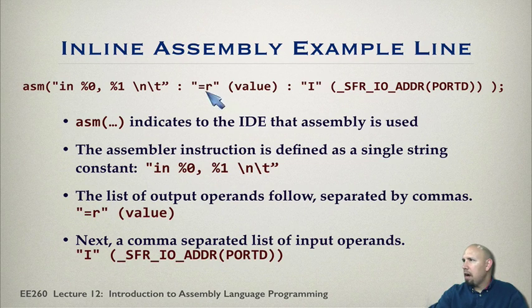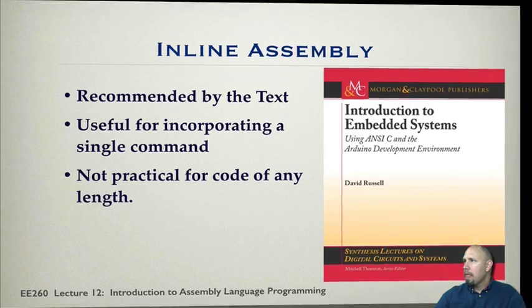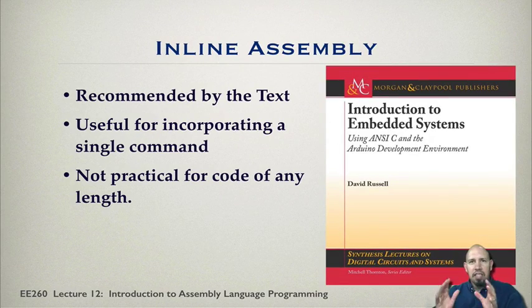Then you have the list of operands that follow, and in general they may be separated by commas. In our case, we only have one, so it's not separated by commas. And then you have the output, and again, you may have multiple outputs, separated by commas. In this particular example code, there's only one, so they're not separated by commas. So commas separate things between colons.